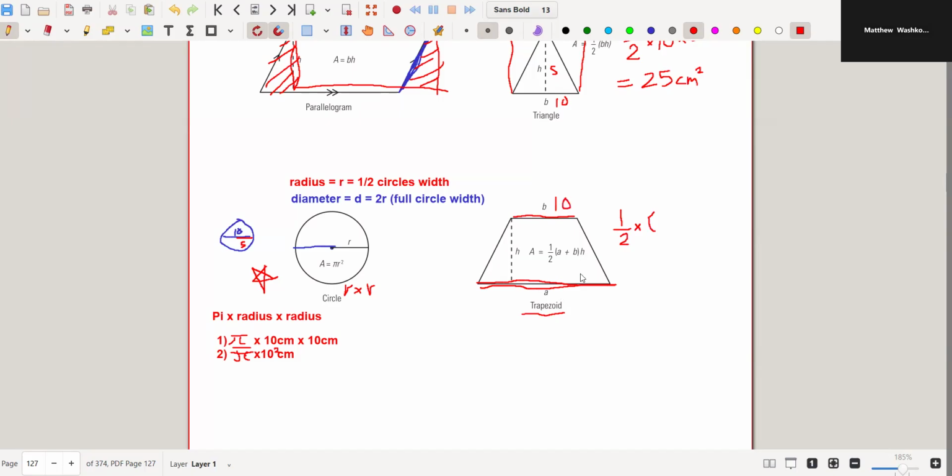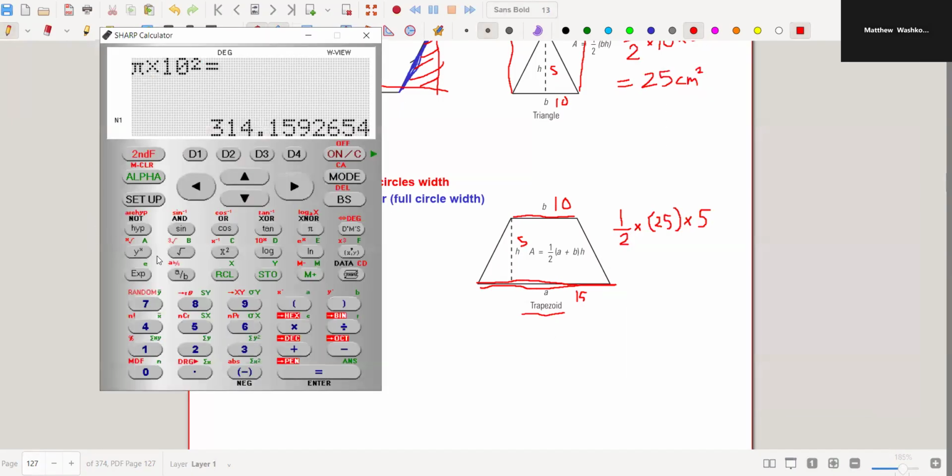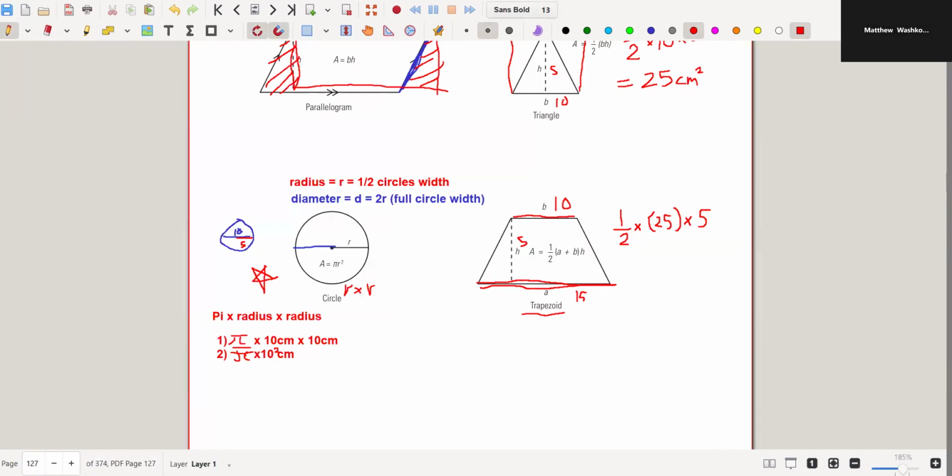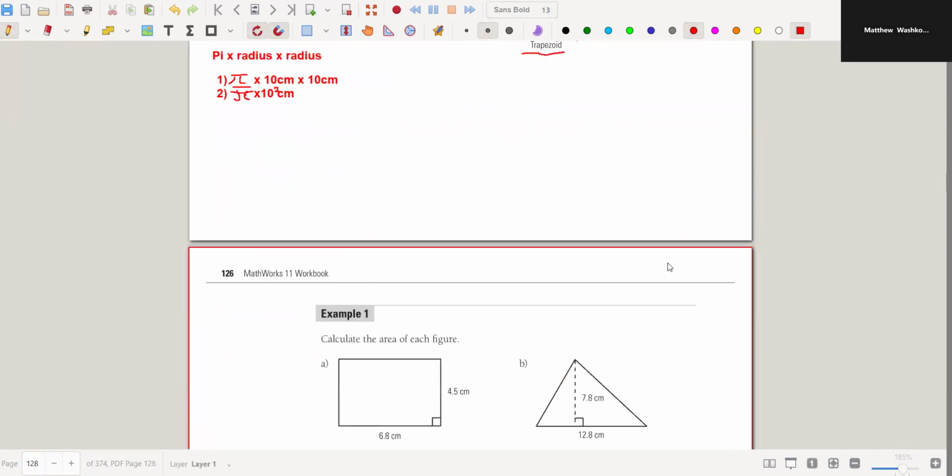Let's say if this is 10, this one's 15, it would be 25 times the height, which we'll say is 5. So it'd be a half times 25 times 5. It's 62.5 in this case. So just make sure that you are doing that here as well.